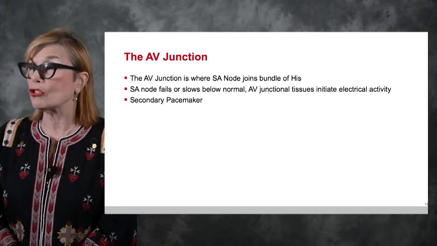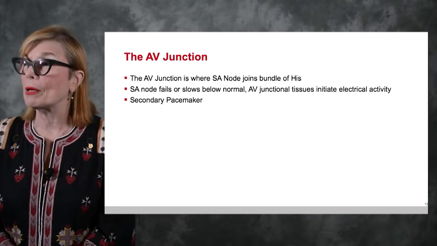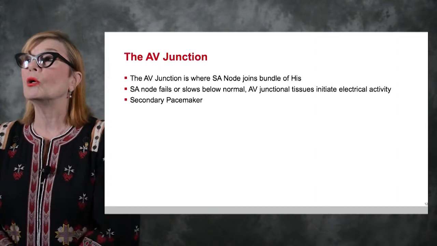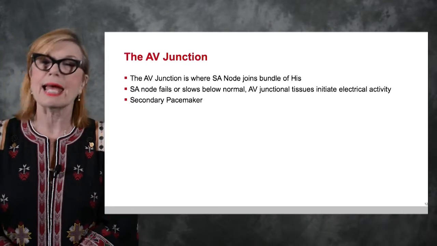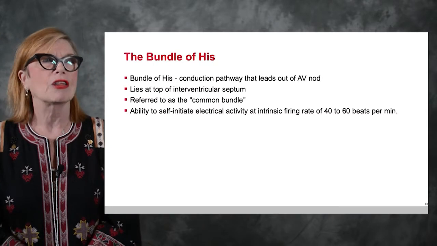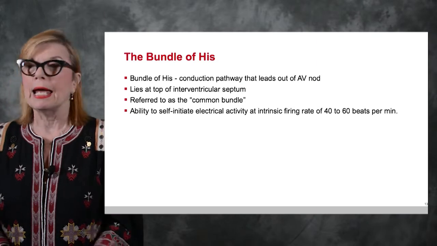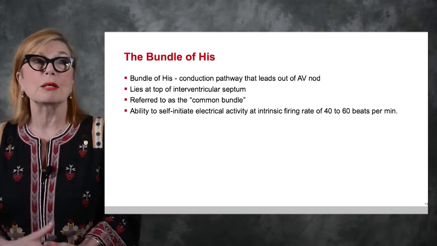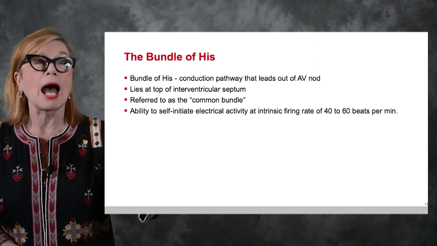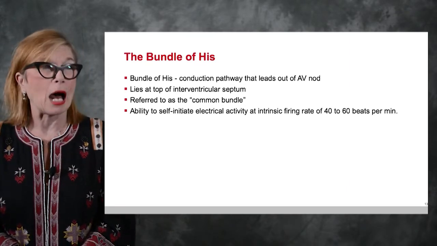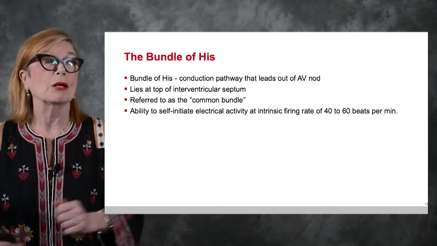Remember that the AV junction is our secondary pacemaker, meaning if the sinus node fails, the junction will reach threshold first and take over depolarization of the heart. The bundle of His, which is a very specialized pathway, has rapid channel and slow channel depolarization, and it lies at the top of the intraventricular septum, often referred to as the common bundle, pre-right and left bundle branch blocks.